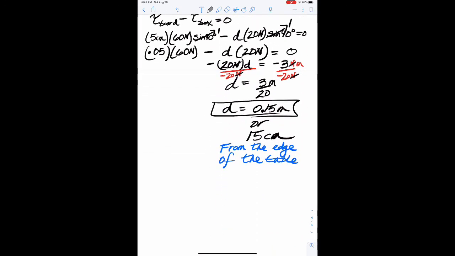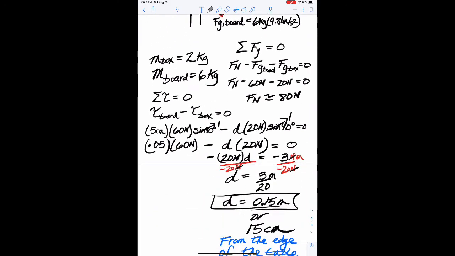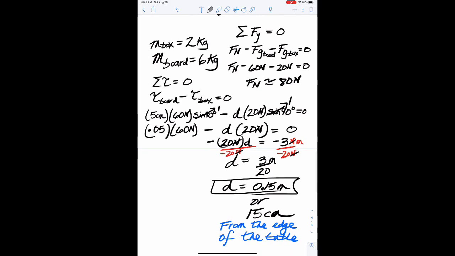All right. Hopefully there are no questions there, and hopefully that makes sense. Once again, that was number 22. And you can see we didn't even have to do some of the Y forces, but we did it anyways. So we didn't even need to do that part, and it worked out.